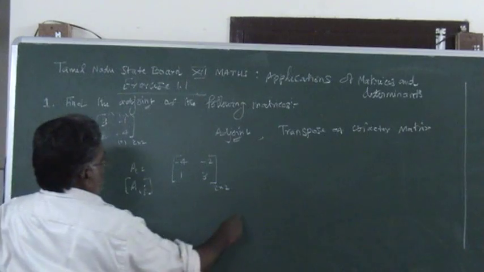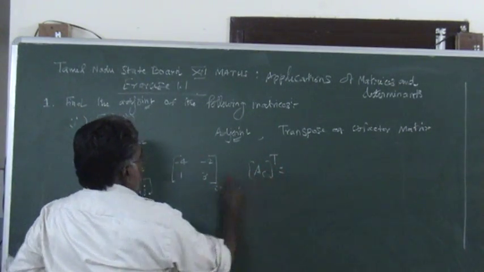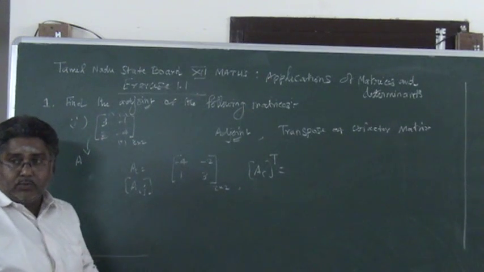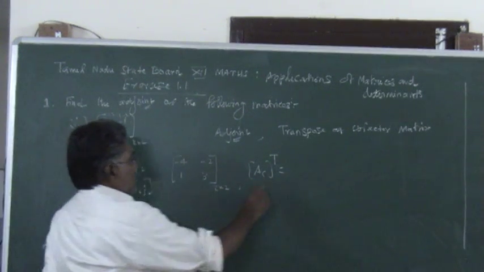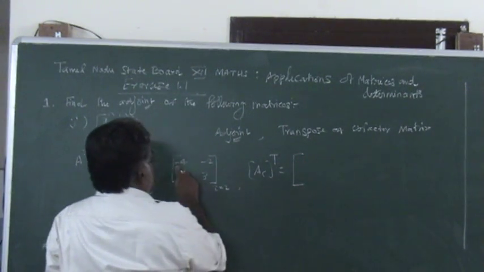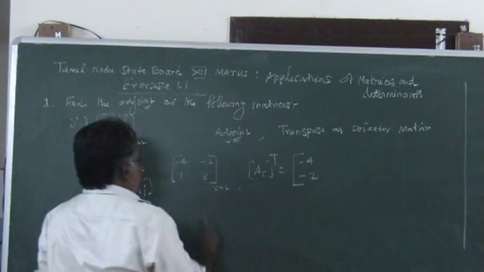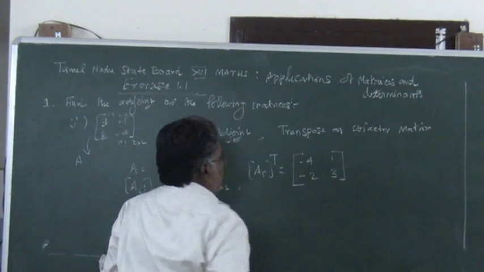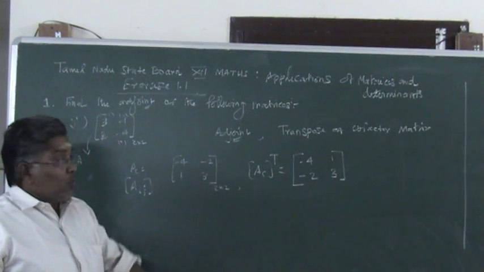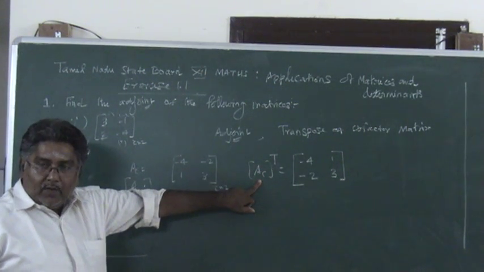Then you find the transpose of this. That is, rows and columns will get interchanged. That is what I mean by saying transpose. So you have this as first row will become first column, second row will become the second column. So we found out the transpose of the cofactor matrix. How did we proceed?